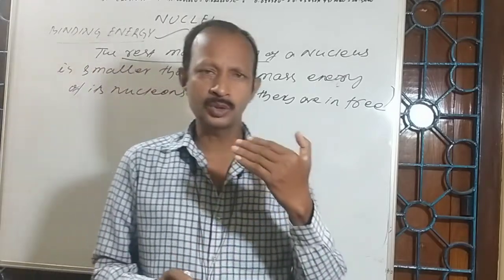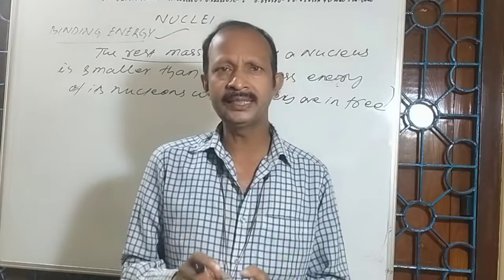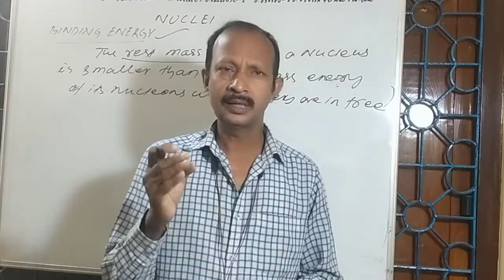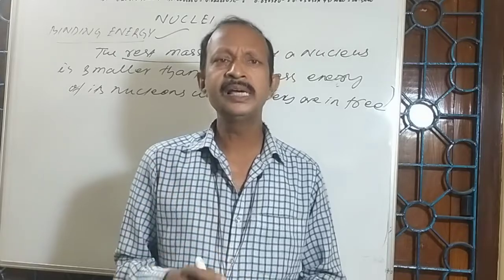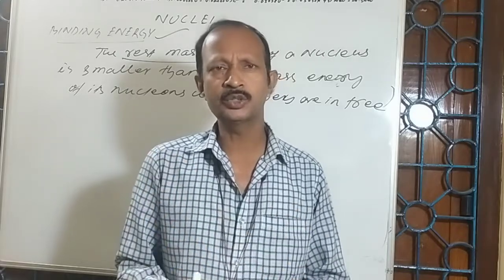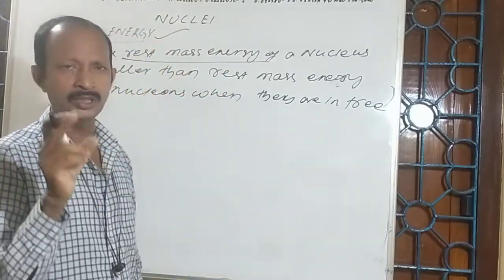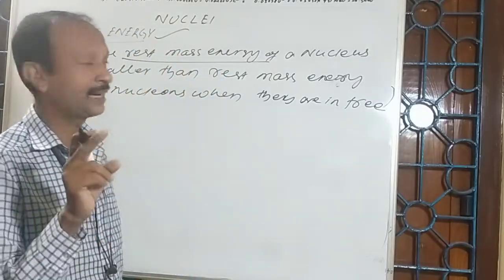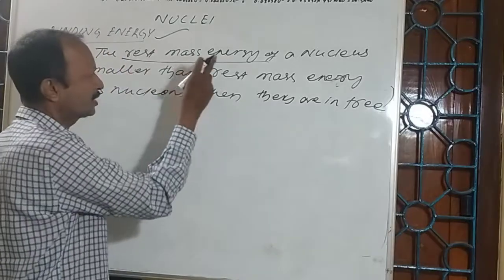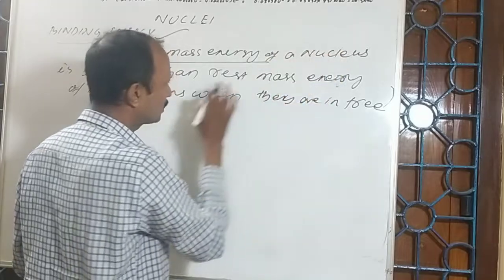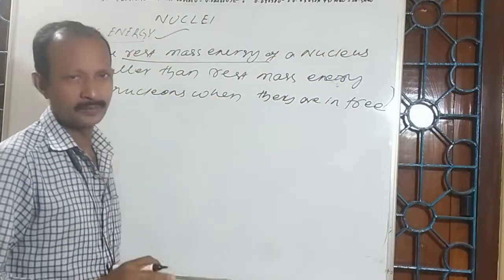You can think that mass is the conversion of energy, stored in condensed form. So the energy associated with a particle at rest is the rest mass energy, whether of a nucleon or a nucleus.